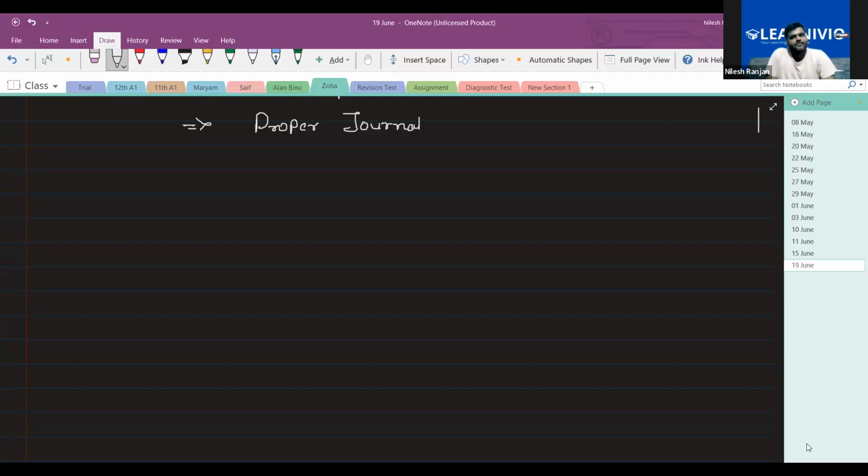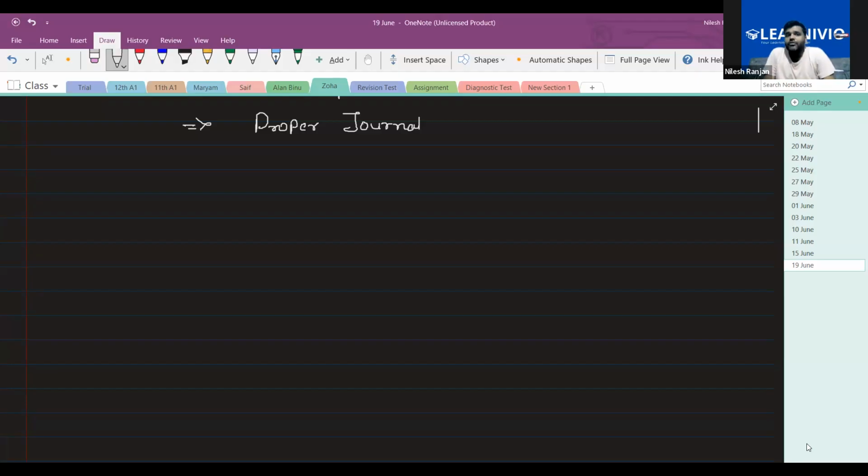Now, if the error is in the ledger, then it is very easy to find, because you will easily know which account the error is related to, and you will directly go to that account and see the entries in that account. So it is easy to find. Yes, that's why we also categorize it, so it's easier.